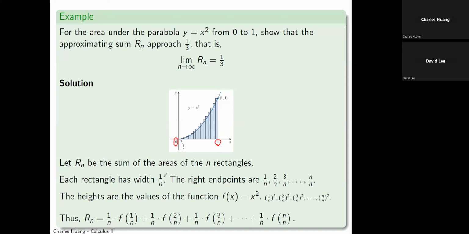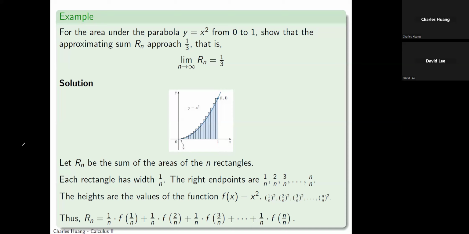Now, once I find the width of each of the rectangles, we're going to find the right endpoint and use the right endpoint to find the height. Now, we don't have to use the right endpoint. It just so happens that the right endpoint is the easiest one to use, and I'll tell you why. We can use the right endpoint, the left endpoint, somewhere in the middle, anywhere in the middle.